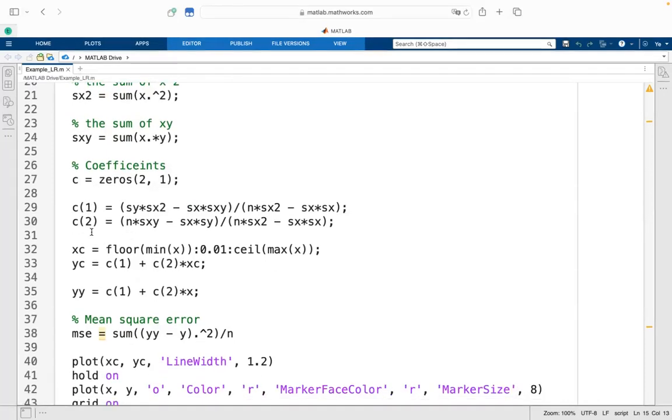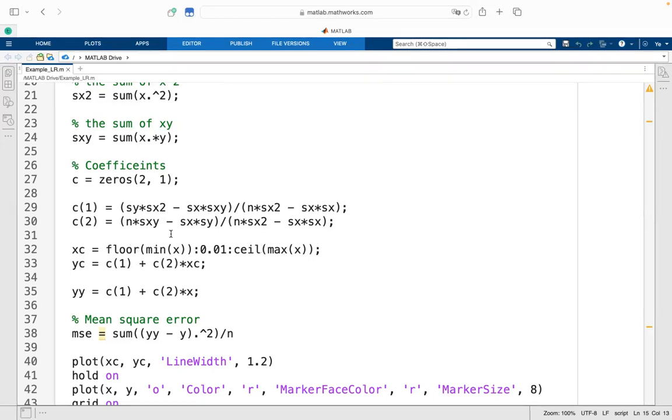Now we get C1, C2, then XC, YC, this is from the C1, C2. At the beginning, we created the X vector. Okay, so the X vector equals floor of minimum X, so this goes down to the closest whole number, minimum X. Then comma 0.01 is the step, comma ceiling of maximum X. So this rounds up to a whole number.